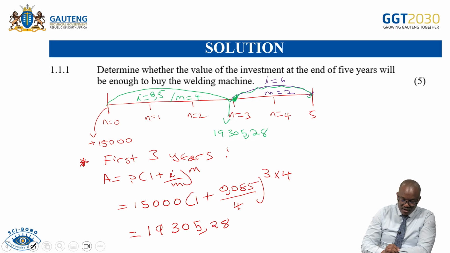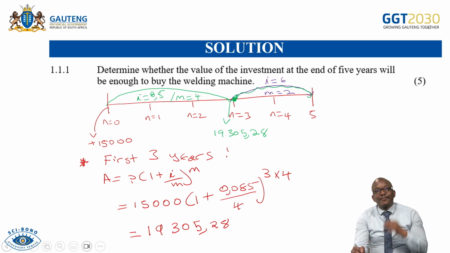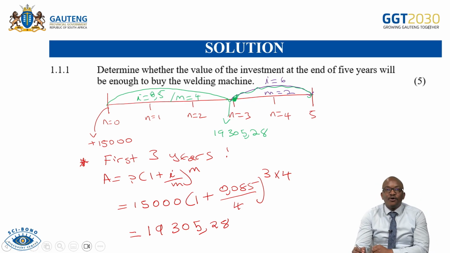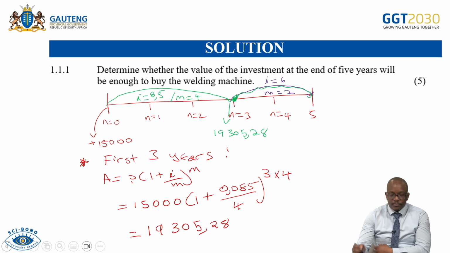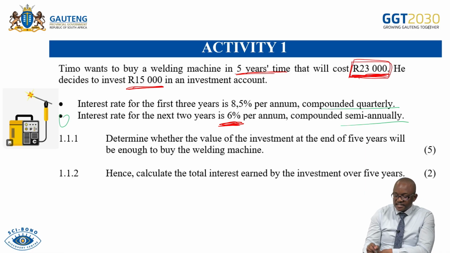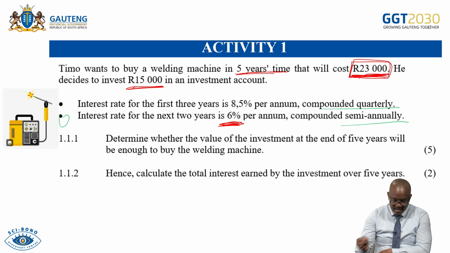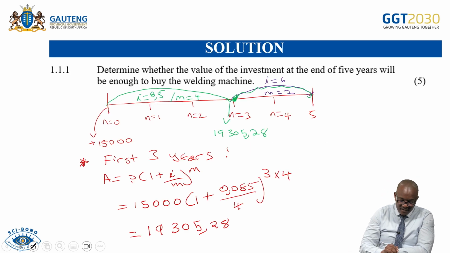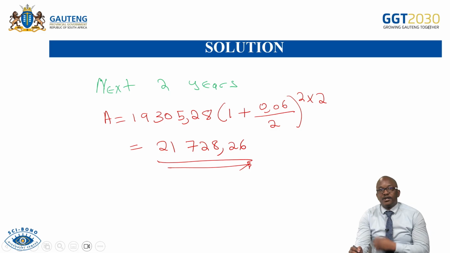Remember, the question says, determine whether the value of the investment at the end of 5 years will be enough to buy the welding machine. So now, the value of the machine in 5 years' time will be 23,000. And as we calculate the invested amount, we have 21,728 rand.